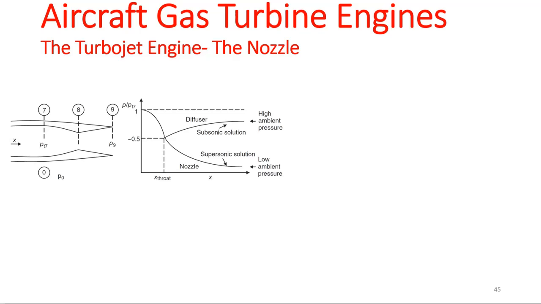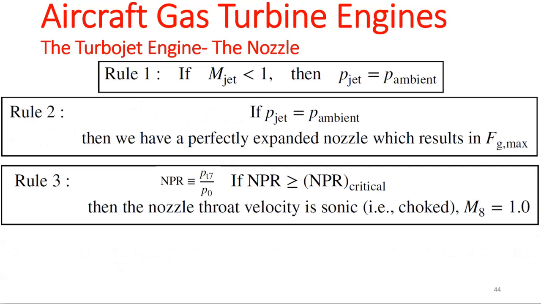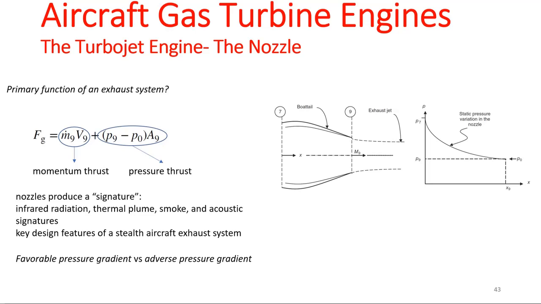I have a question about the maximum gross thrust. If you go back to the equation and say that the nozzle was overexpanded, then wouldn't P9 greater than P0 equal positive pressure thrust? But what will be the effect on the velocity, though? We talked about this, if you recall.